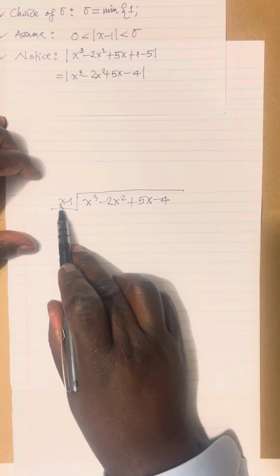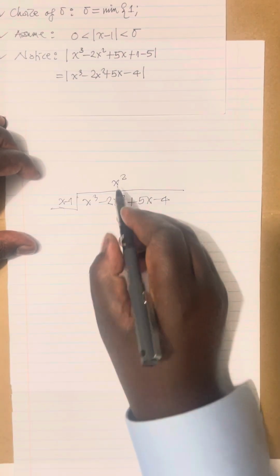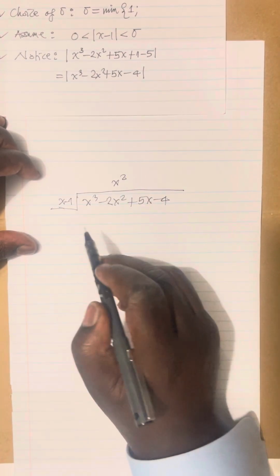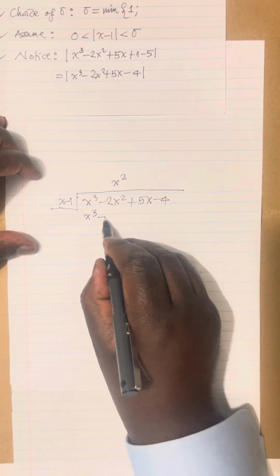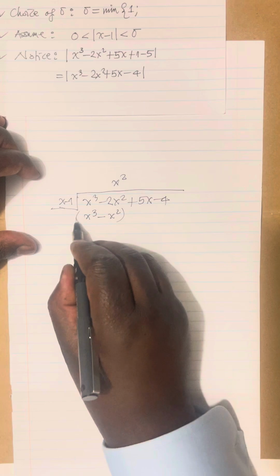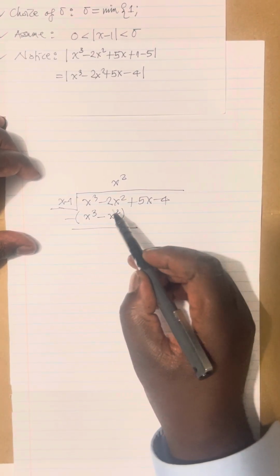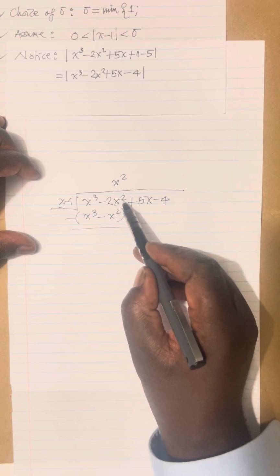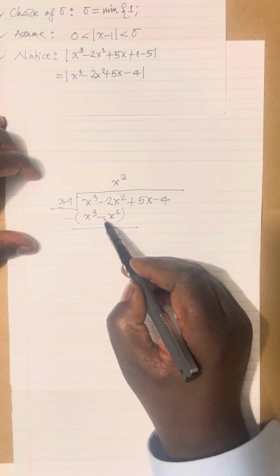So we take x into x cubed. The answer is x squared. x squared multiplied by x is x cubed. x squared multiplied by minus 1 is minus x squared. Then you subtract. This minus that obviously is 0. But here you have minus 2x squared minus x squared, so this will change that to plus sign.